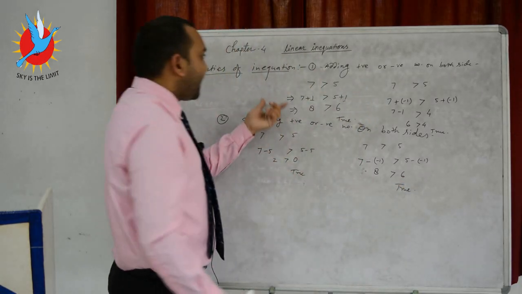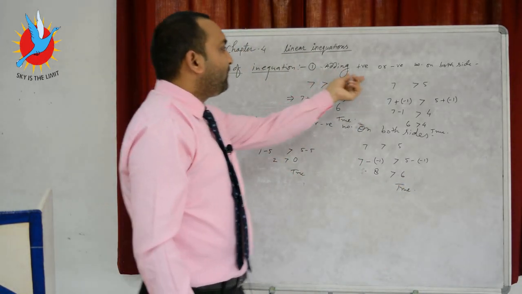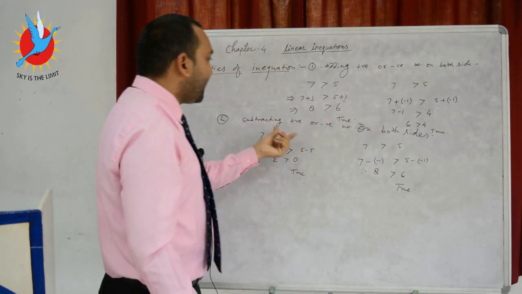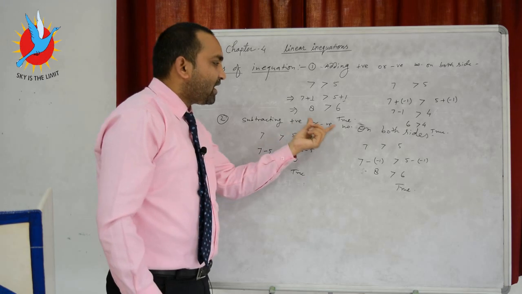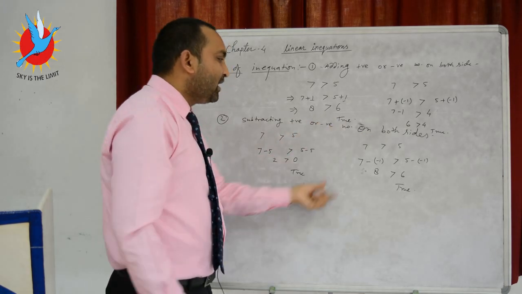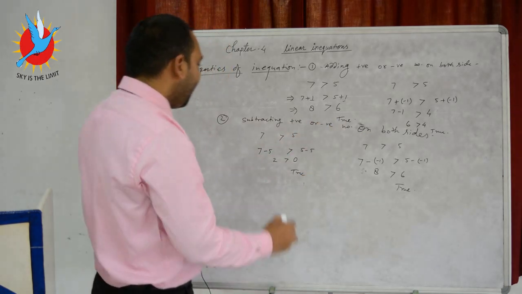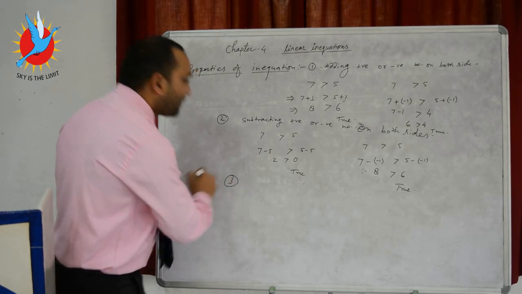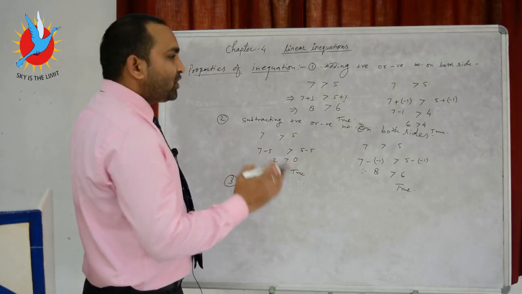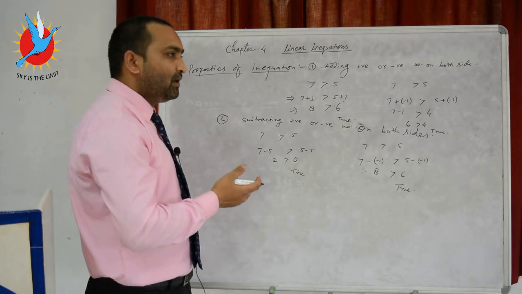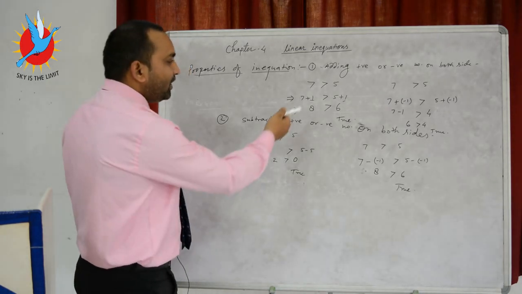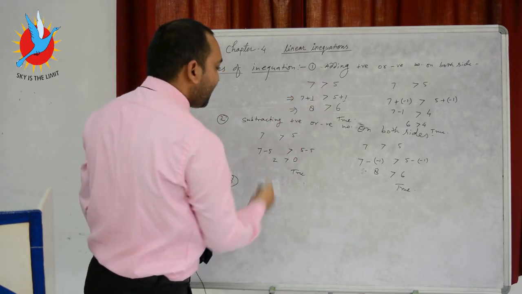When we add a positive or negative number on both sides, the inequality does not change. When we subtract a positive or negative number on both sides, the inequality does not change. And third, when we multiply by a positive or negative number, we check whether the inequality sign changes or not.